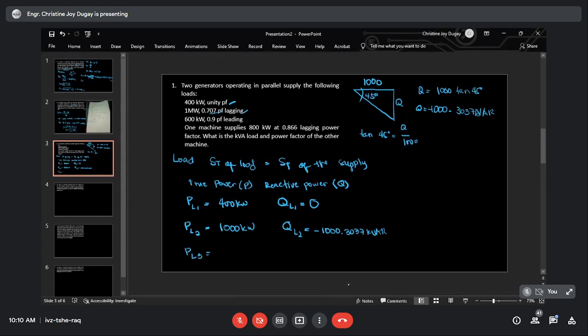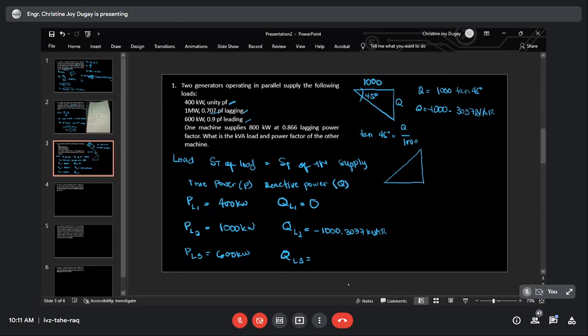How about at P load 3? What's the value of our P? That is 600 kilowatt. No? Okay. So, gaya din lang dito, no? Leading. So, ibig sabihin ang Q natin is positive. No? So, triangle ulit. Ang triangle natin pag leading, pataas po siya.